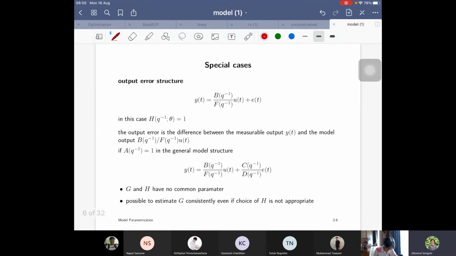For the special case when the H term is I, or 1 in this case for scalar, this is called output error structure, because if you subtract the measured output y from the model output, which is GU, that gives you the error at the present time instant. And this is output error structure.